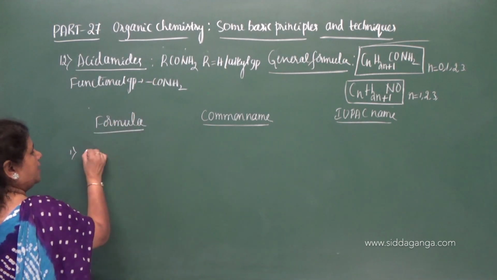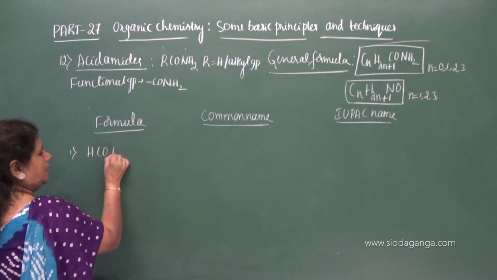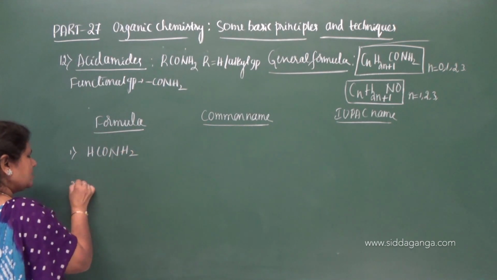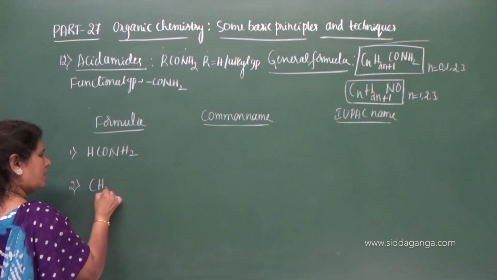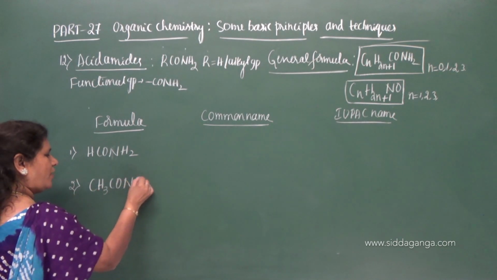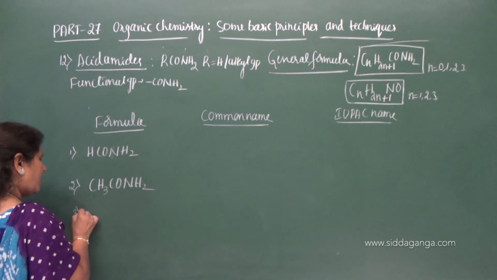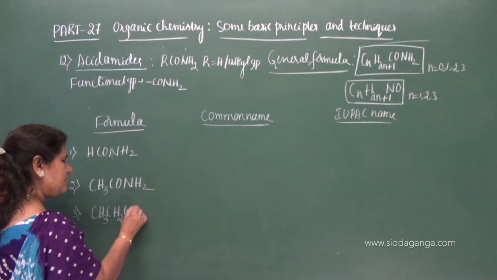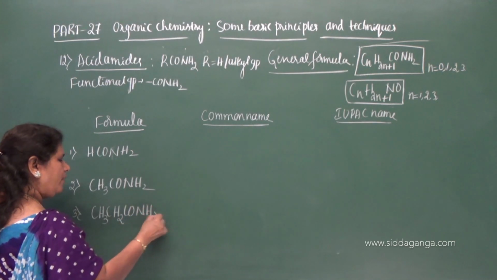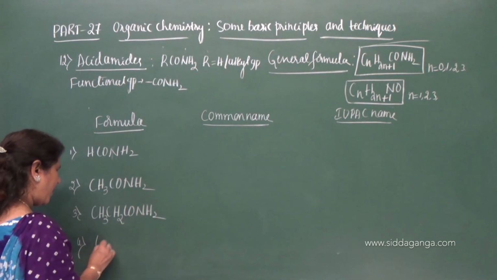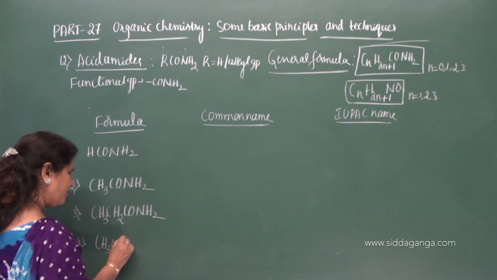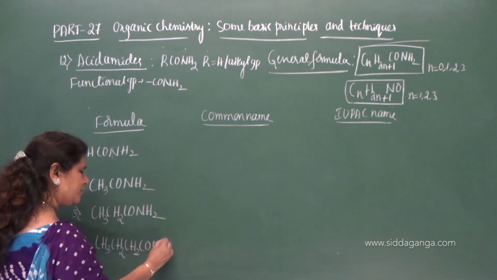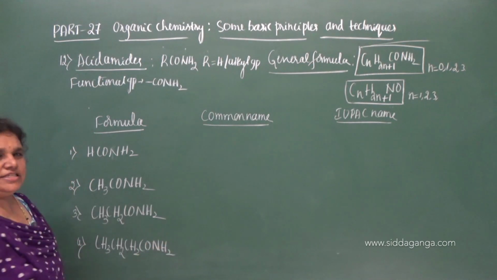Let me write R is equal to H, then RCONH2. When R is equal to methyl group, CH3CONH2. When R is equal to ethyl group, CH3CH2CONH2. When R is equal to propyl group, CH3CH2CH2CONH2. So these four members are important.